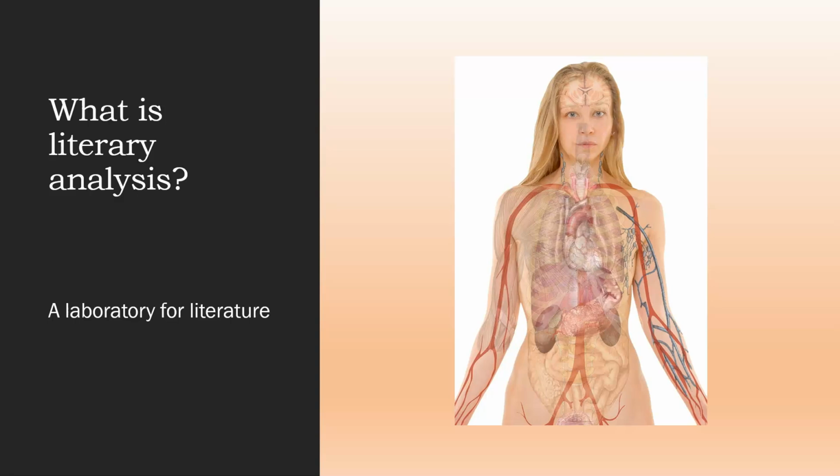So, when we want to understand how a person works, we dissect the person and examine the various organs and systems. And when we want to understand how a work of literature works, we do the same thing.